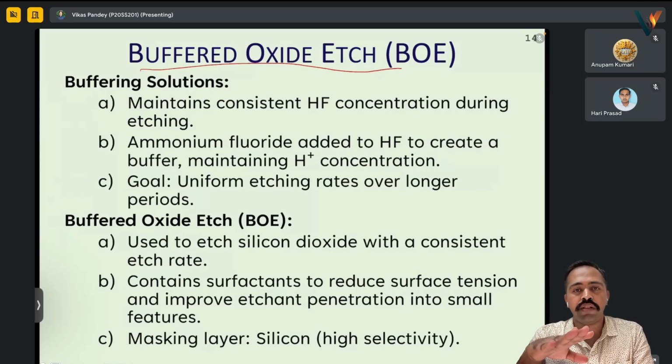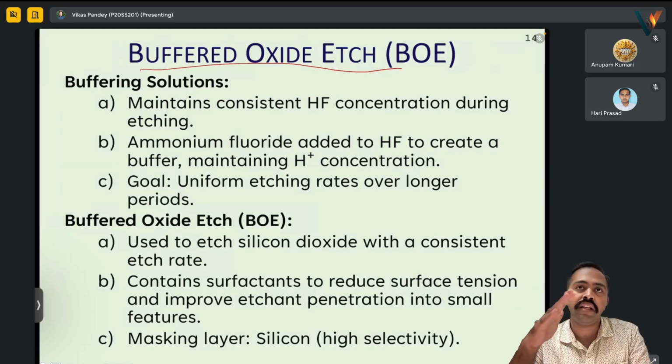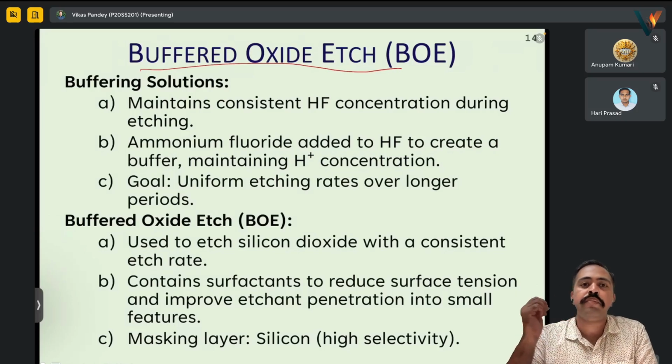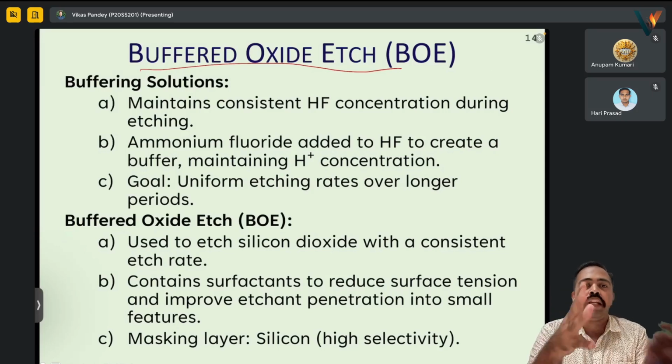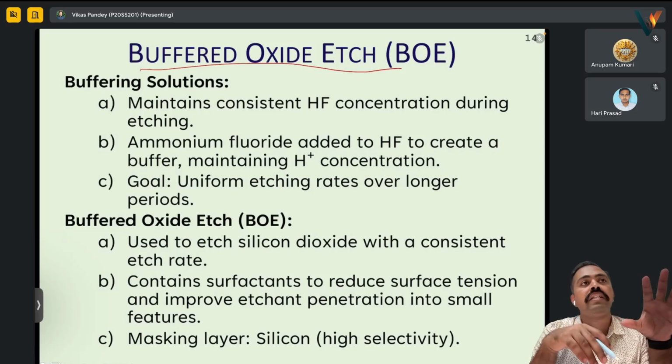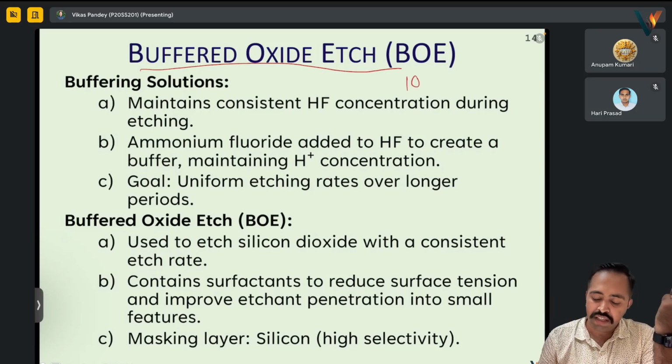In a buffer solution, you know, we maintain a constant pH. Whatever reaction takes place, the pH will remain constant. And that means a consistent HF concentration will be there, in a sense. You may be taking 10%.